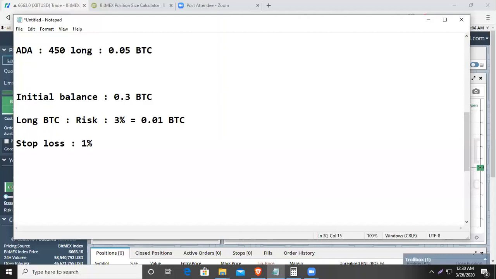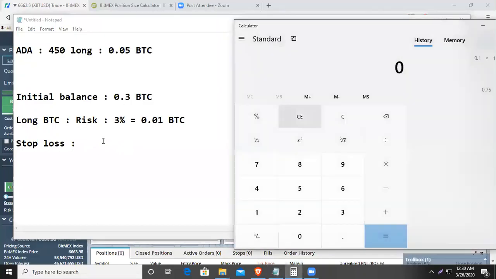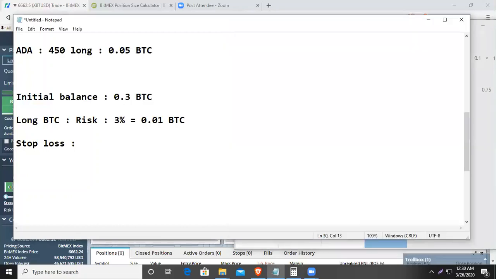1%. Okay, 1% is my stop loss, and I need my position size. Or do you want me to calculate the position size too? Let's do that. Stop loss is 0.5%.